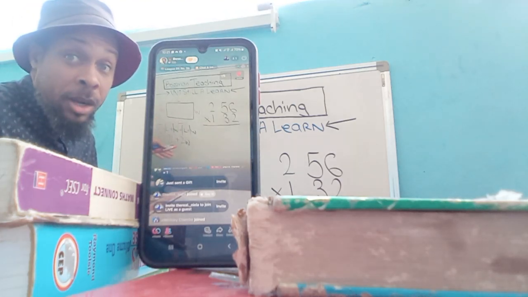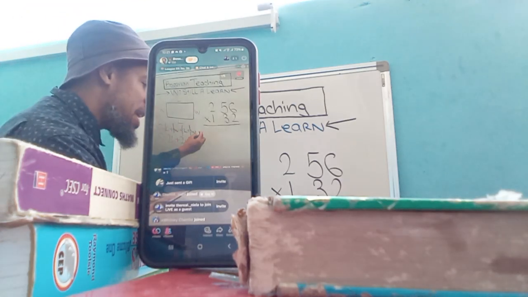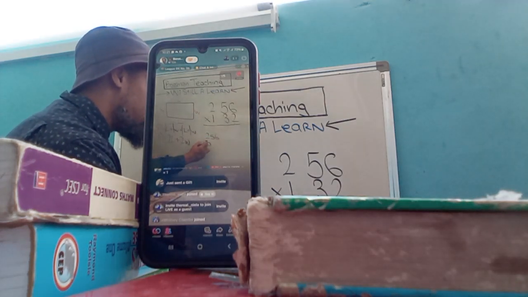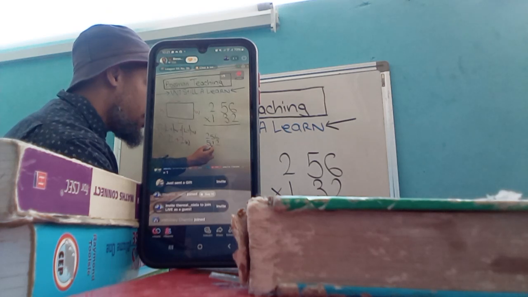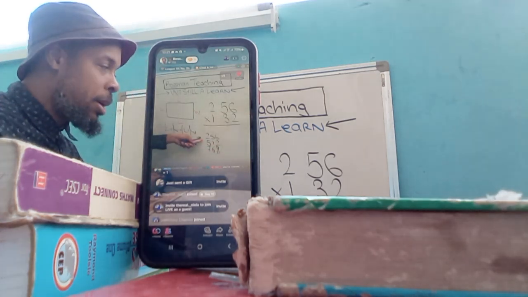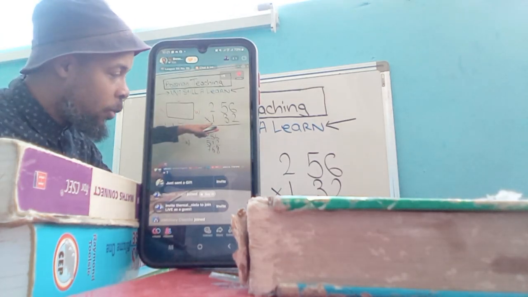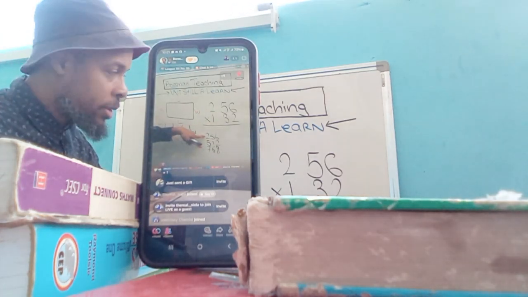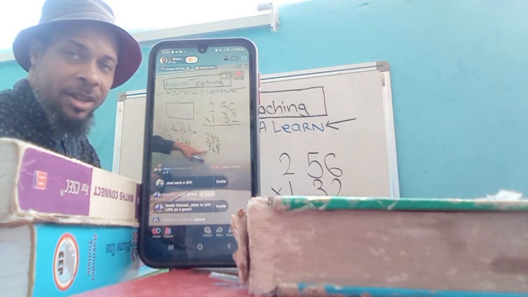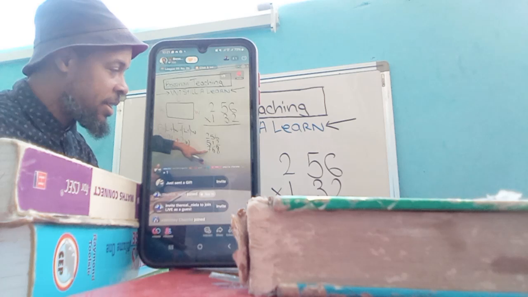I could, but I don't need to. So imagine I make 256, then 512, then 768. Remember, here's my 1, here's my 2, here's my 3. So I don't need anything else.